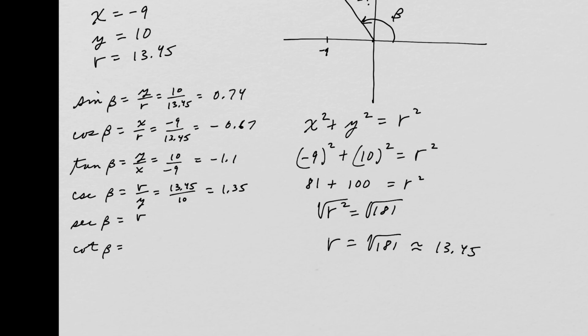So this is r over x. So it'll be 13.45 divided by negative 9. So this is negative 1.49. And then cotangent is 1 over tangent. Since tangent is y over x, this is going to be the reciprocal, x over y. So this will be negative 9 over 10, which is negative 0.9. And that's it. Those are the values of that angle beta.